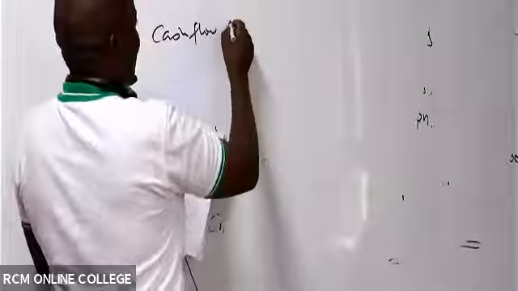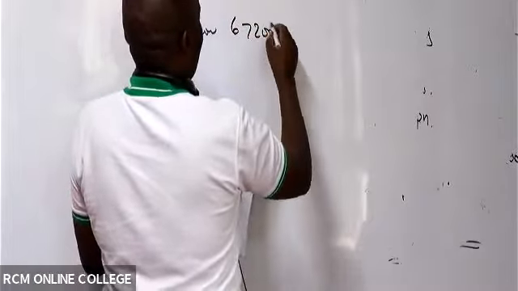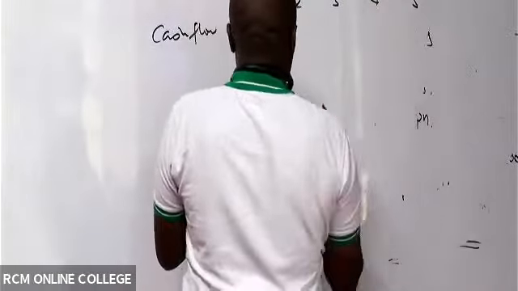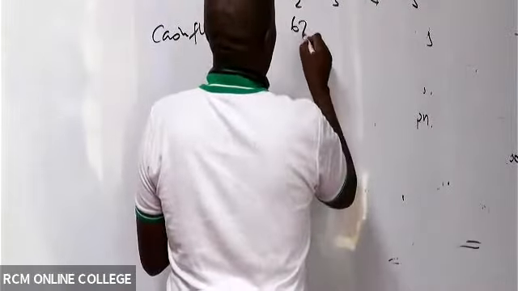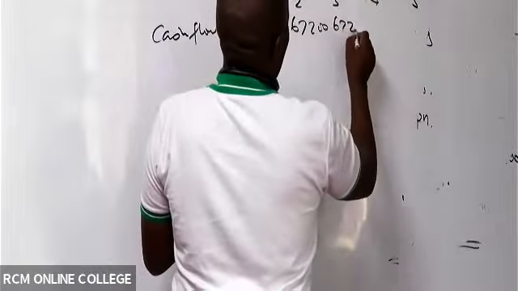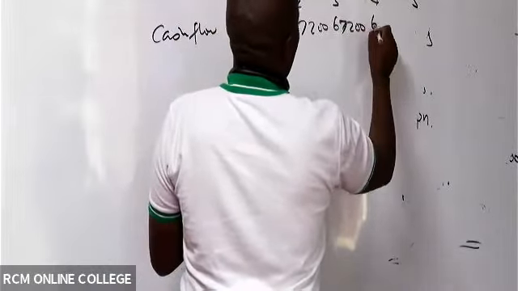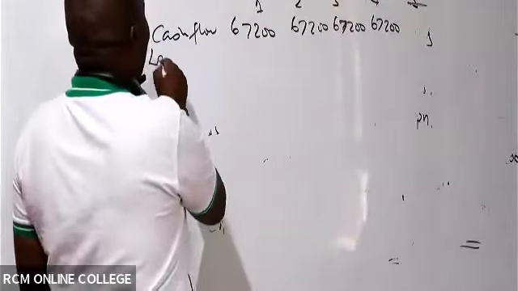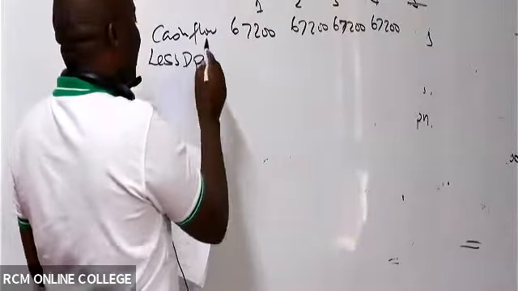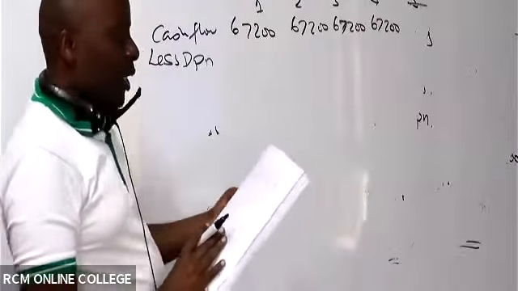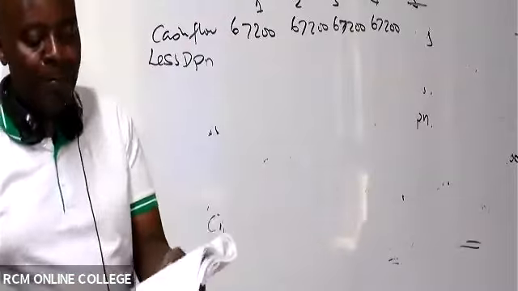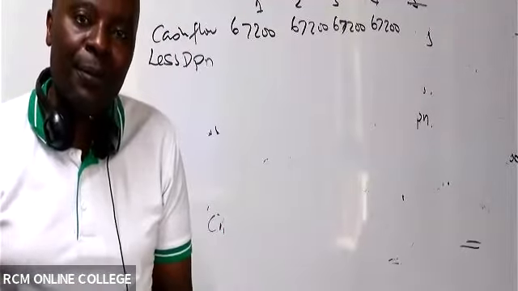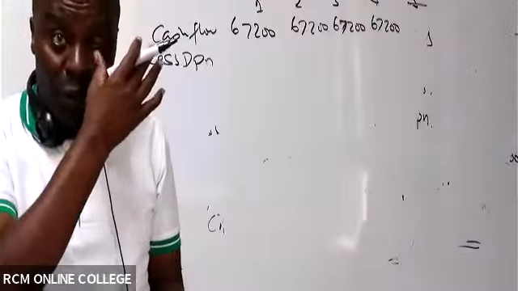We are given 67,200, 67,200, 67,200. We don't have a fifth year actually. So come here and less our depreciation. Are you able to see depreciation somewhere there? We must compute this depreciation.